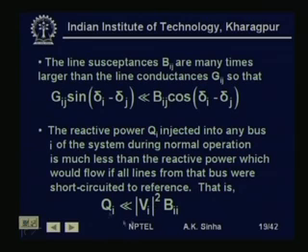And therefore, since Q_i is a summation of all those terms, with V_i into V_j magnitude values very nearly equal to 1, the total summation is going to be much smaller, because all the B_ij terms, which are negative terms, will be subtracted from B_ii, and the total value of Q_i is therefore going to be much smaller than this.